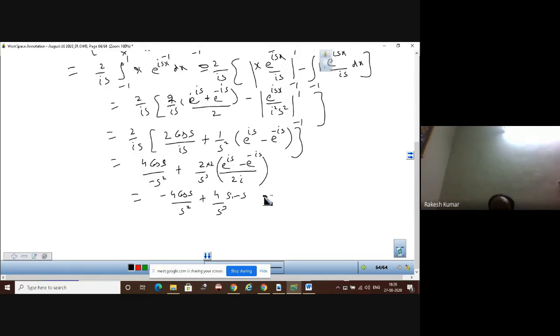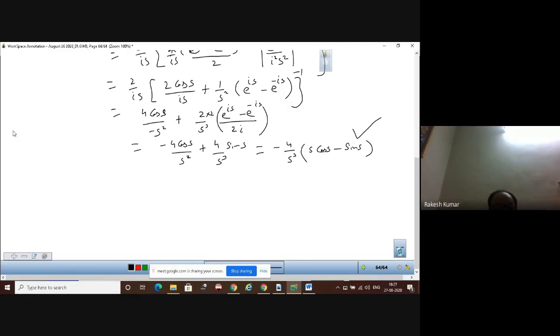So ultimately, what to take common: minus 4 over s cube can be taken common. That will be s cos of s minus sine of s. So this is the adjustment of the terms and the Fourier transform. So this is the Fourier transform of the given function f of x.